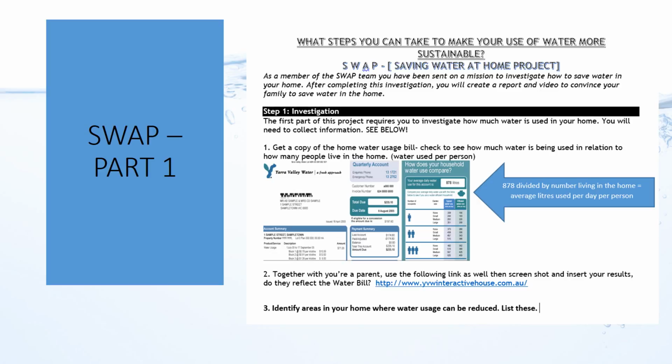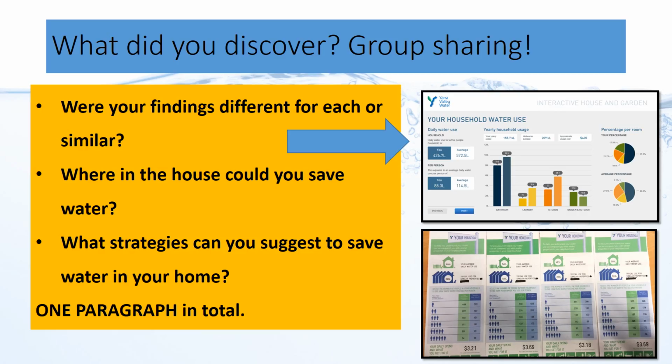Now what you're going to do as geographers, we've collected our data. Now we need to know how we're going to use that information to give us some strategies to save water in our home. So in class, we've had a bit of a reflection on these questions here. We wrote a bit of a paragraph and we compared our estimate with the actual water bill.